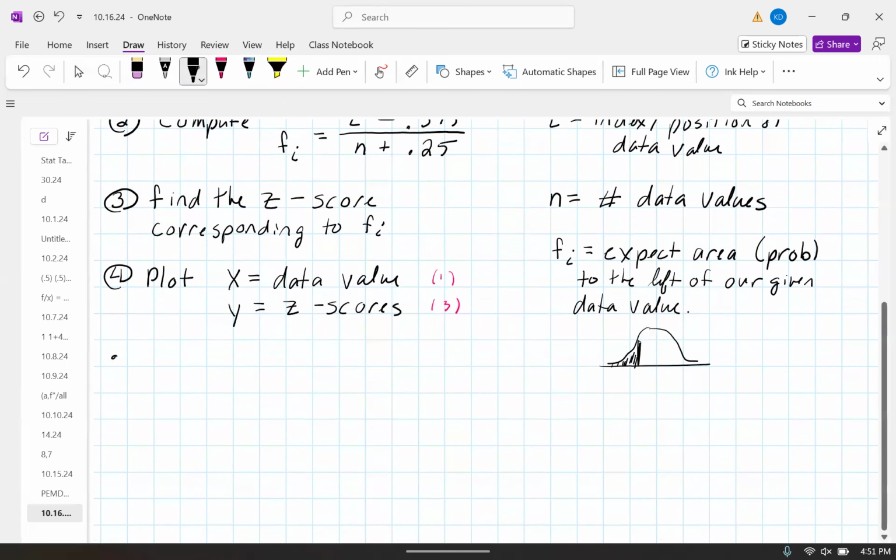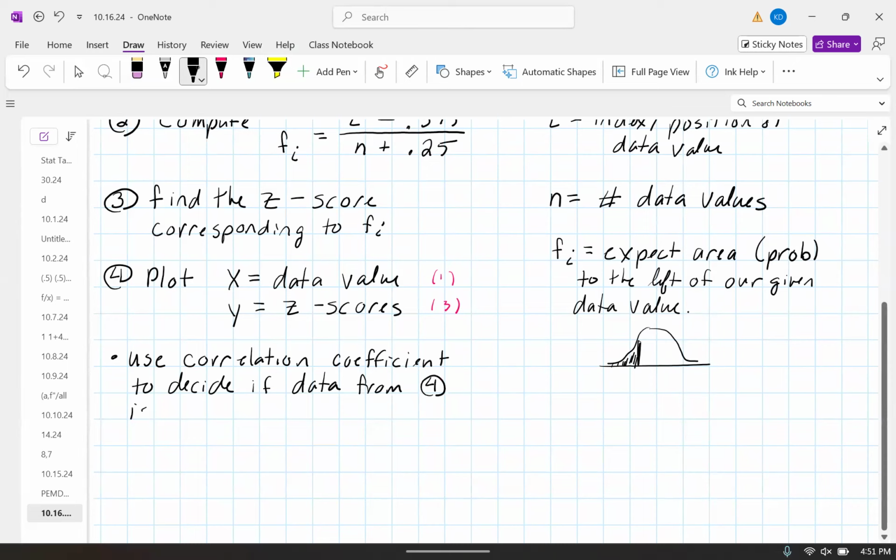So use the correlation coefficient to decide if the data from step 4 is linear or not.